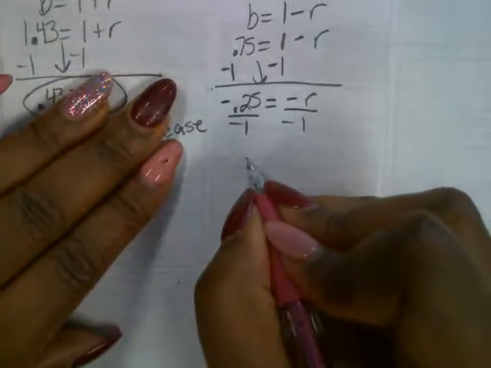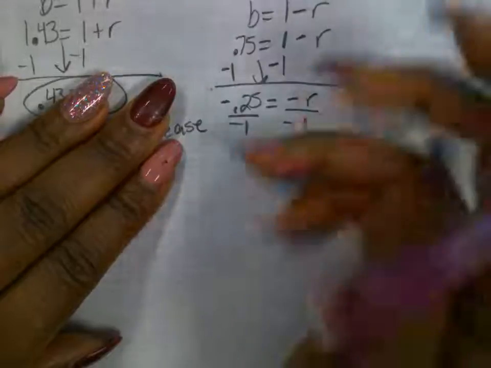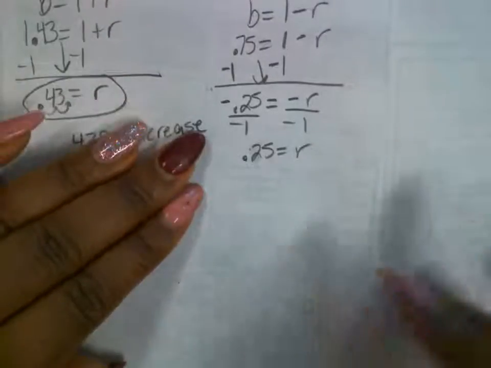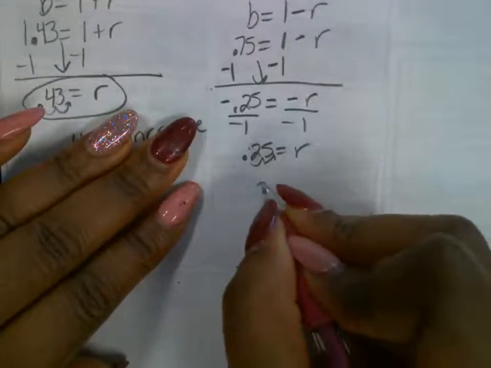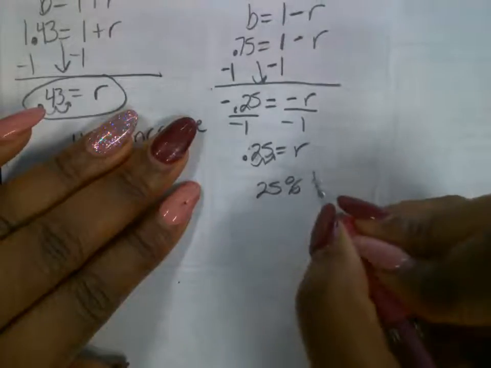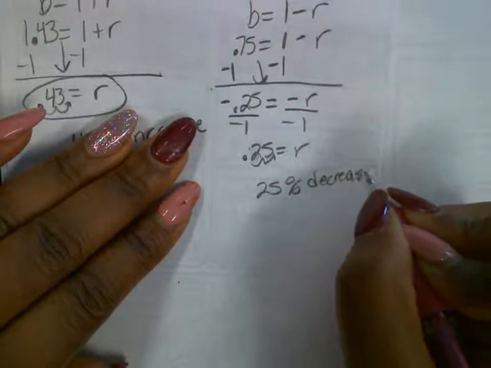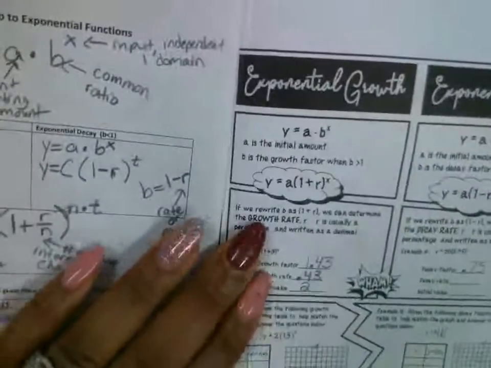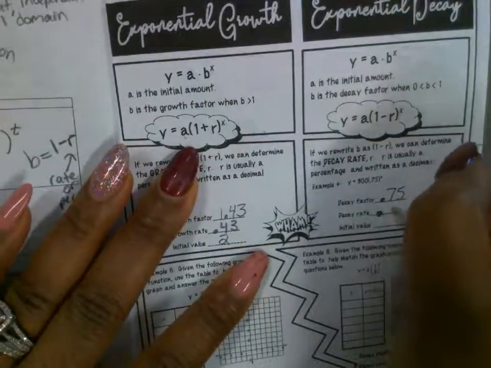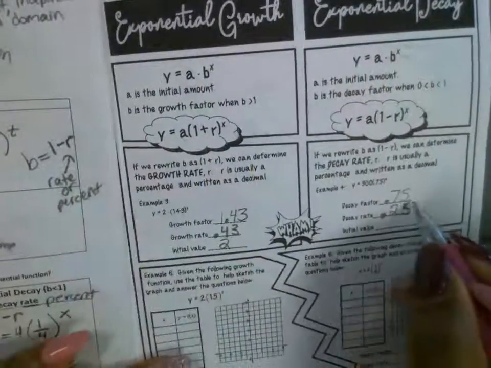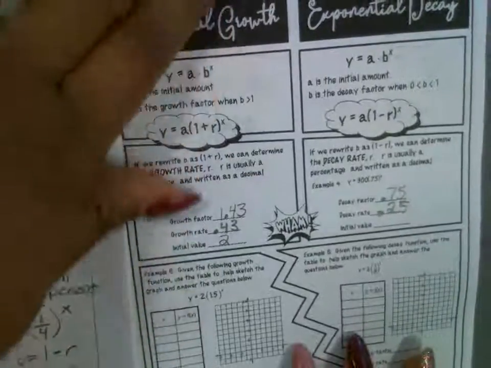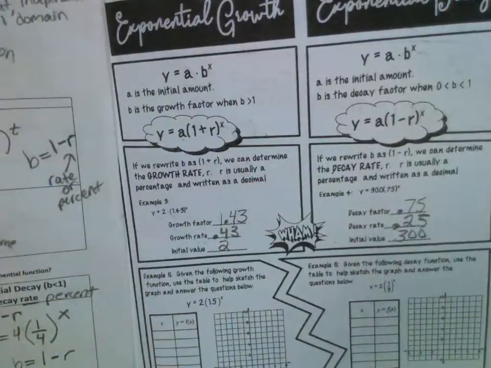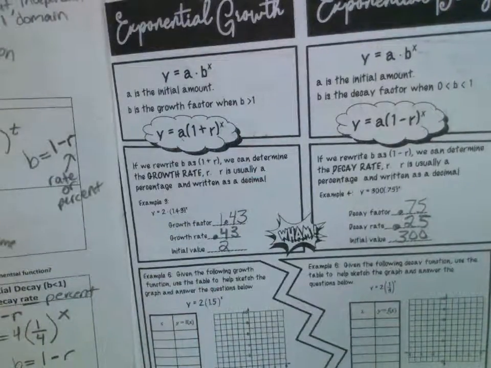So what's this going to give us here? 0.25 is equal to R. How do we write this as a percent? 25%. This is a 25% what? Decrease. It decreases by 25% every time, okay? So this is 0.25. All right, what's the initial value here? 300. Anybody lost? All right, good deal.